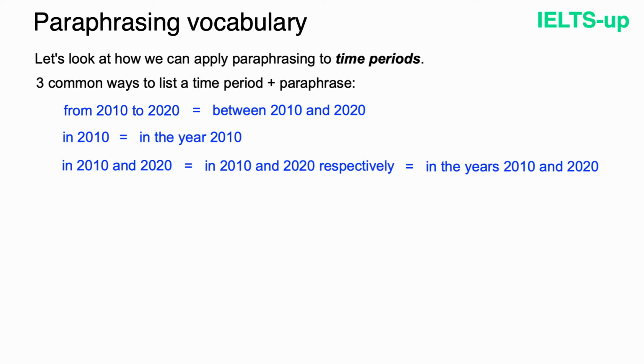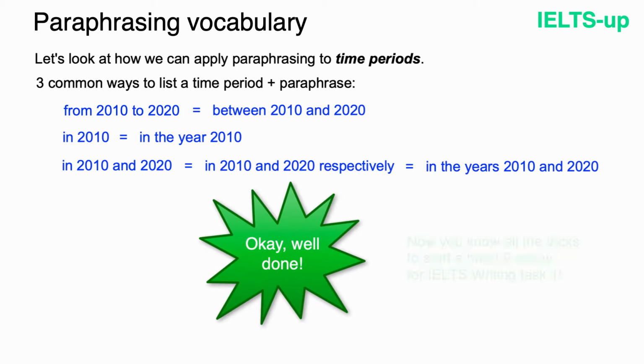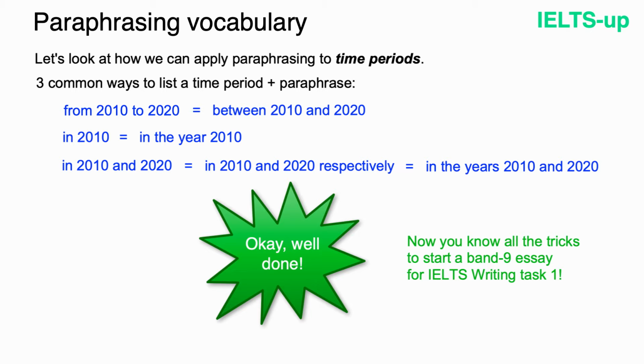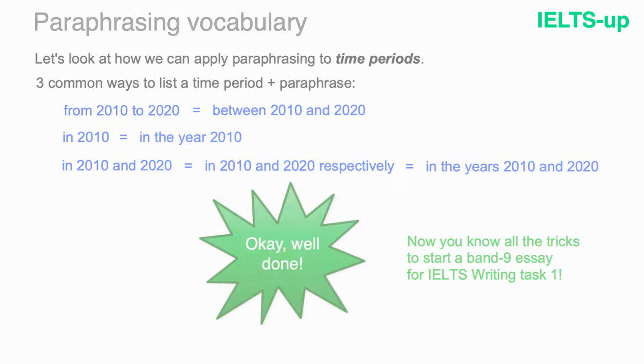In the years 2010 and 2020. Okay, well done! Now you know all the tricks to start a Band 9 essay for IELTS Writing Task 1. To make sure that we remember all those techniques, let's go through one more example.